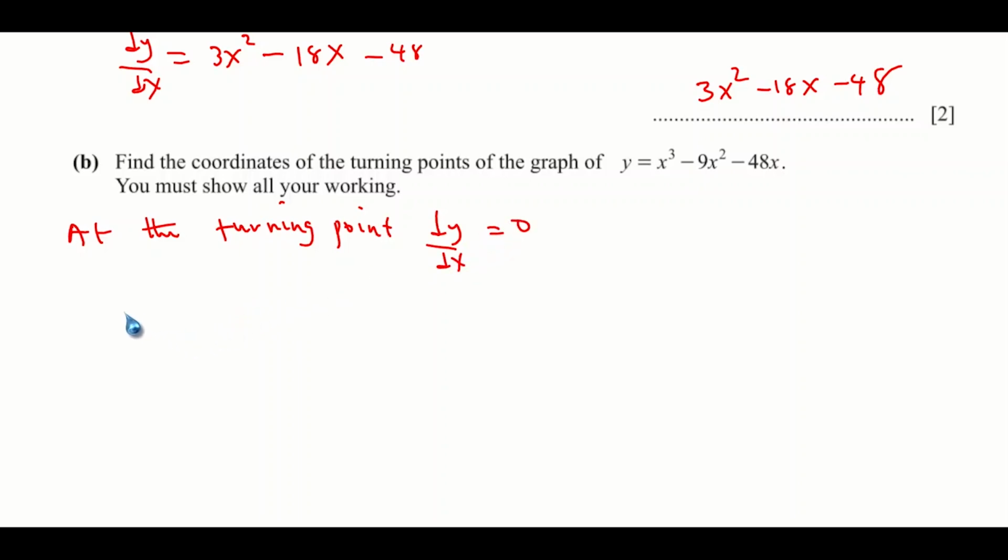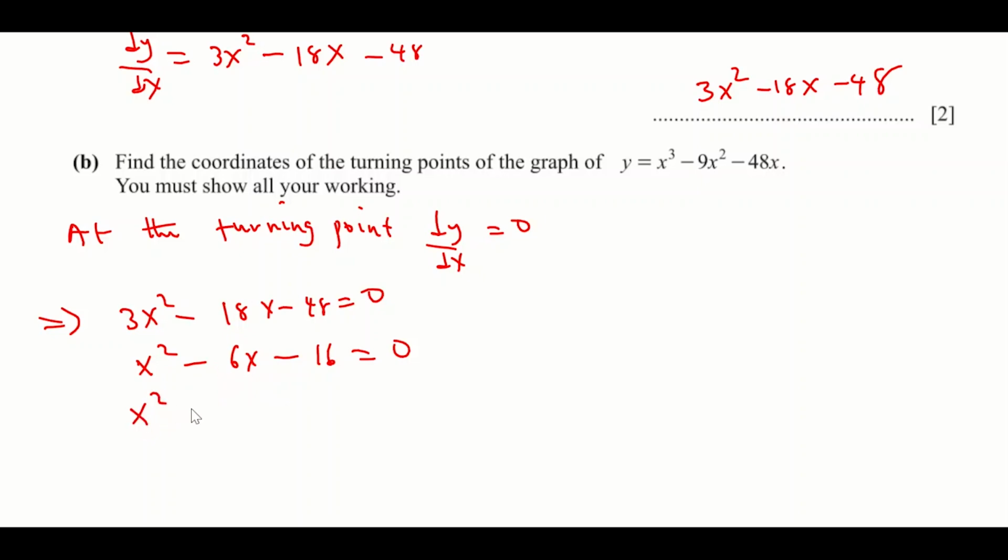So it implies that 3x squared minus 18x minus 48 equals 0. I can reduce this by dividing by 3. So this will be x squared minus 6x minus 16 equals 0. I have minus 8 times 2 to be minus 16, and minus 8x plus 2x will give me negative 6x.